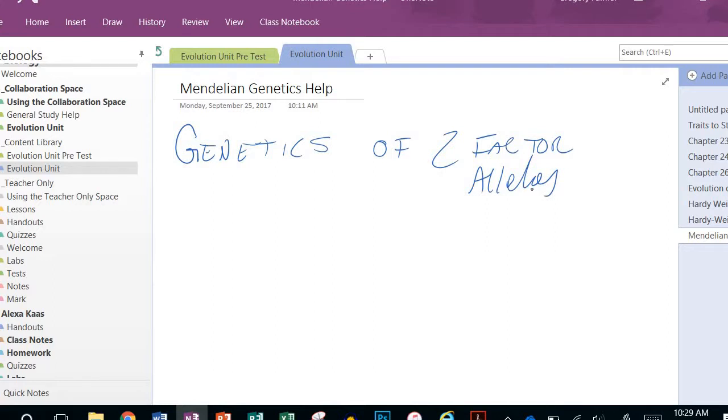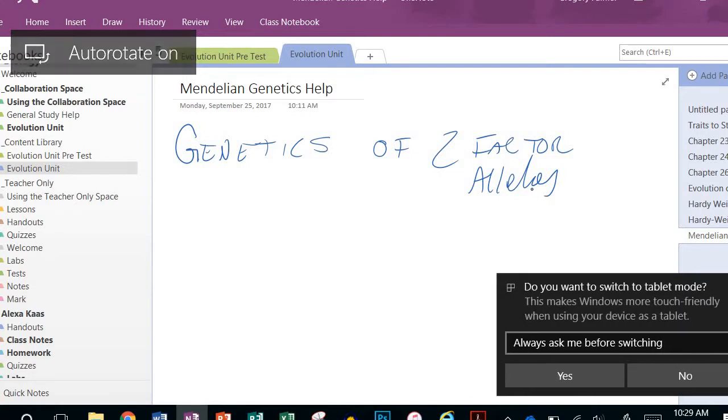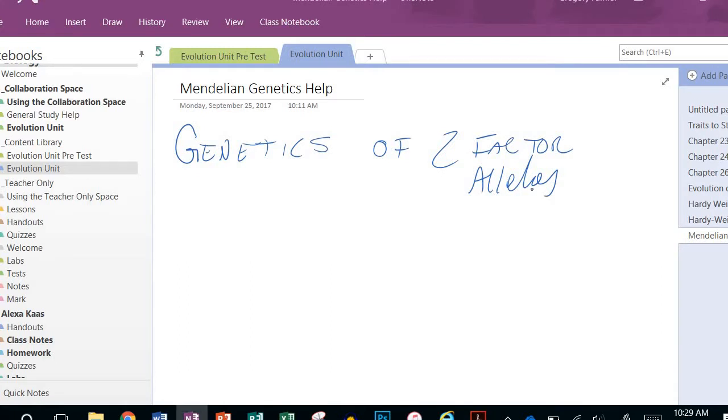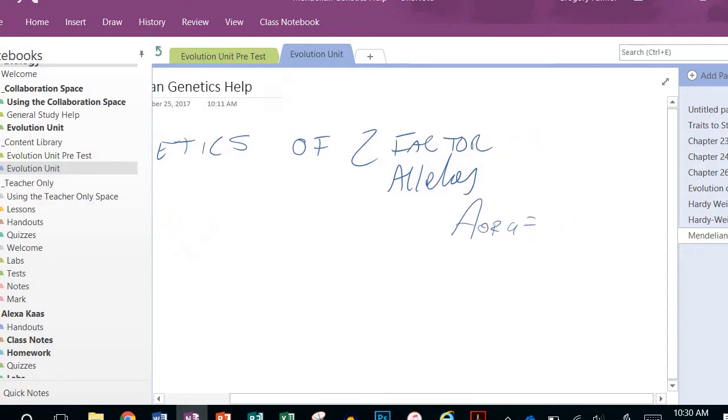So in this case, we have a parent. So we'll say P1, parent 1, is completely heterozygous. All right, so we'll say that A or a equals eye color. B or b equals hair color.